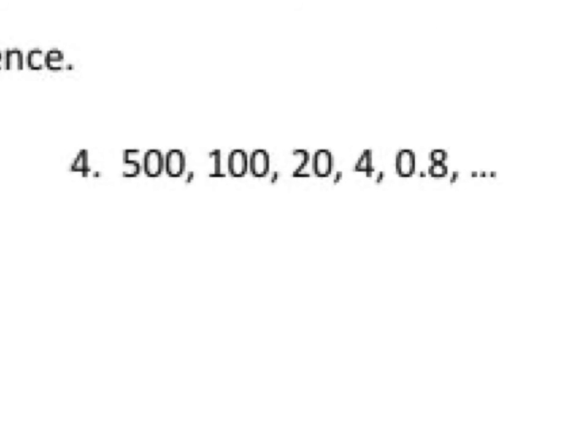If it's dividing, you have to multiply by a fraction. This is like an exponential function. This is geometric. What's it dividing by? 500, 100, 24. What's it dividing by? It's dividing by 5, which means it's multiplying by 1/5. The first term is 500.